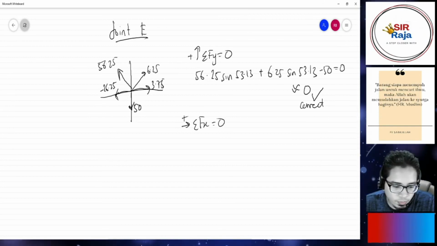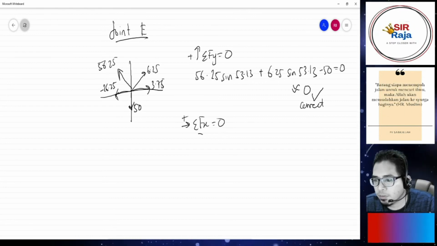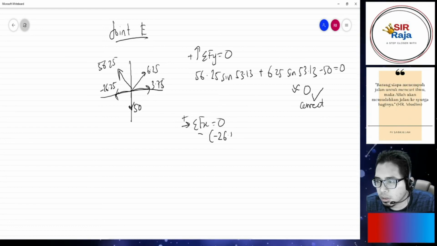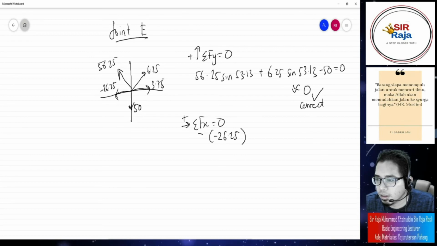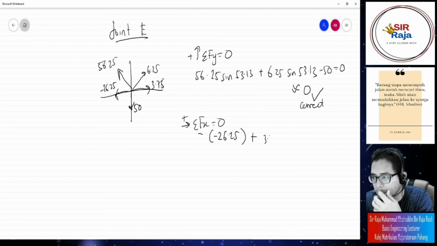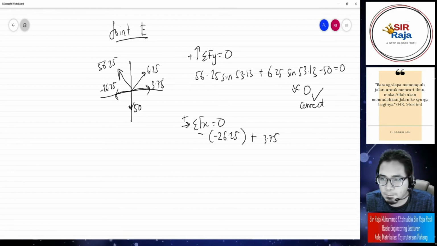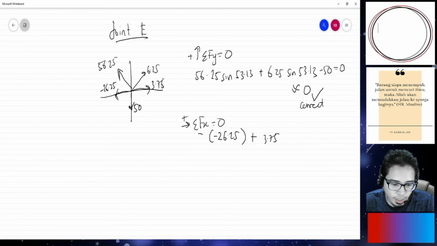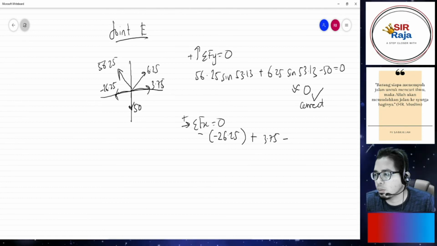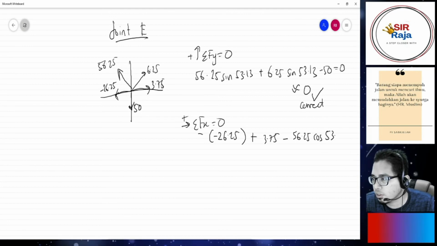Alright, and for the joint, the next one, Fx equal to 0. Then we have negative 26.25, because it goes to the left, negative, and plus, going to the right, 3.75. Then minus, since this x component is negative, so minus 56.25 cos 53.13.